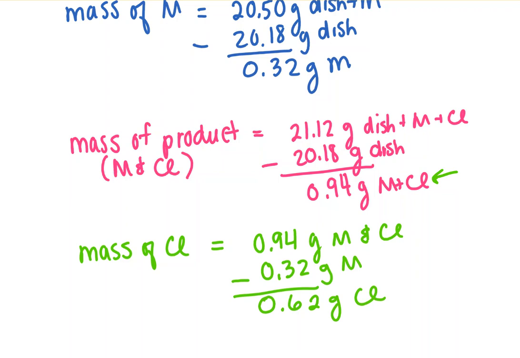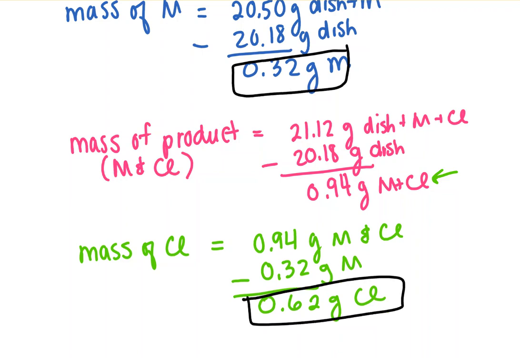Now I'm going to use this mass of the metal and this mass of the chlorine and figure out the ratio of those. But remember, to get the empirical formula, I don't need the ratio in terms of mass. Like, I can't do this. Oops. I need the ratio in terms of particles. This is where we convert those to moles.